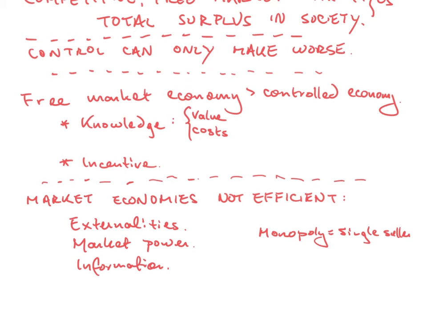There's also something called a monopsony. This will be a new term. A monopsony is a single buyer of labor. I guess monopsonies are equally bad for economies.